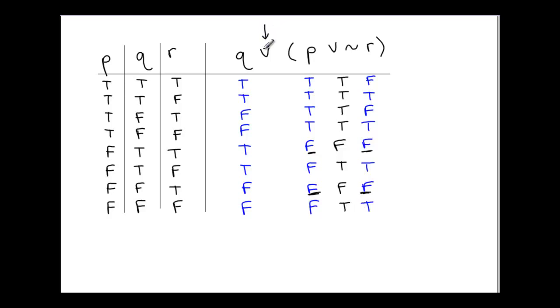And then to fill out this disjunction column, we're comparing this column with the answer for this set of parentheses, which was this disjunction column. Let me highlight those so you can see them a little better. So we're looking here and here, and if I have the disjunction between those two statements, then we again want to look for where both statements are false.